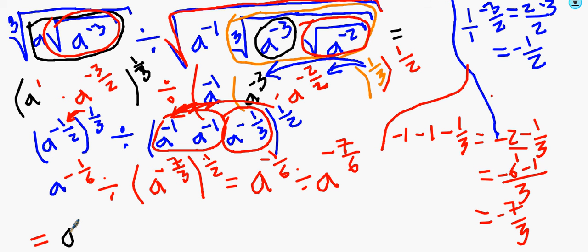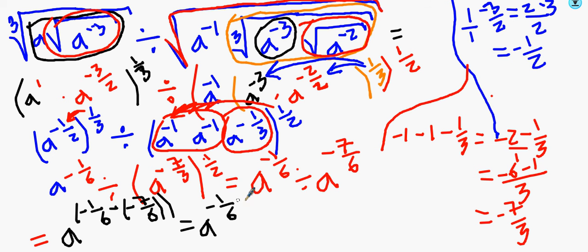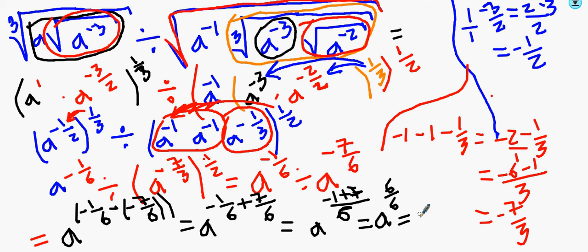So we have a to the power of negative 1/6 minus negative 7 over 6, which is a to the power of negative 1/6 plus 7 over 6, which is a to the power of negative 1 plus 7 over 6. Negative 1 plus 7 is 6, so that's a to the 6 over 6, which is a to the first power, which is just a.